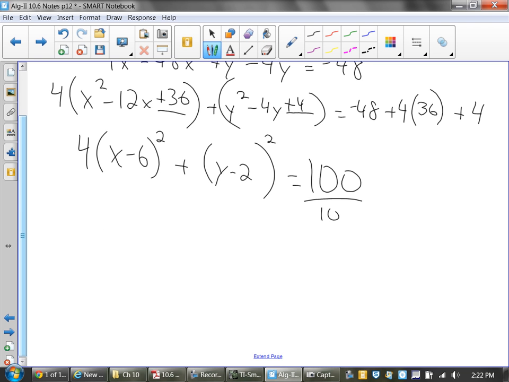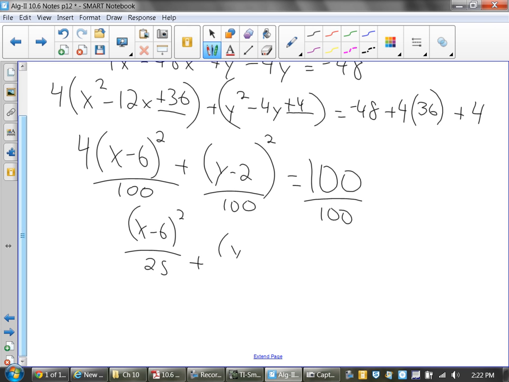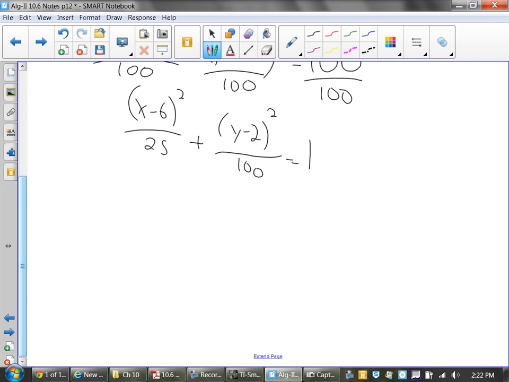So then you divide out. So we have x minus 6 quantity squared over 25, plus y minus 2 quantity squared over 100, equals 1. Graphing of the ellipse is relatively easy. Again, first thing you're always going to plot is your center.